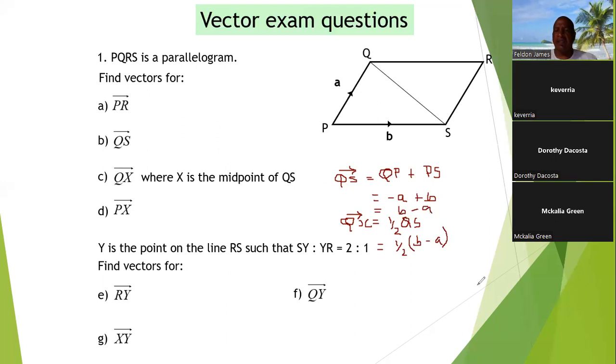So that's how you would write that. Is that clear, guys?